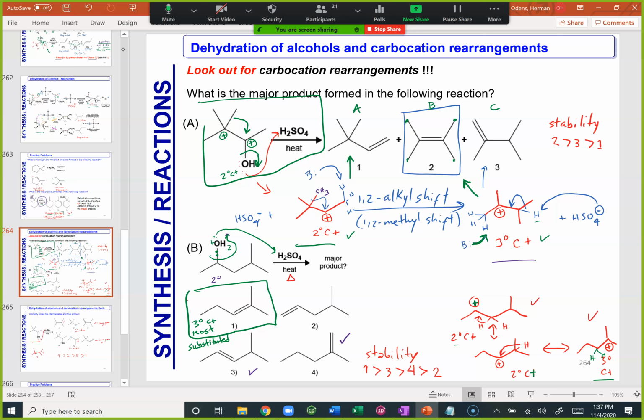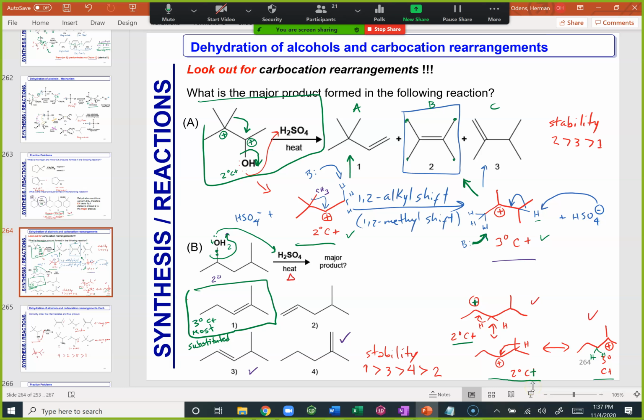The secondary carbocation, this one, can give you 2 and 3, right? And this secondary carbocation can also give you 3. Number 4, this guy right here, comes from the protonation of one of these hydrogens.